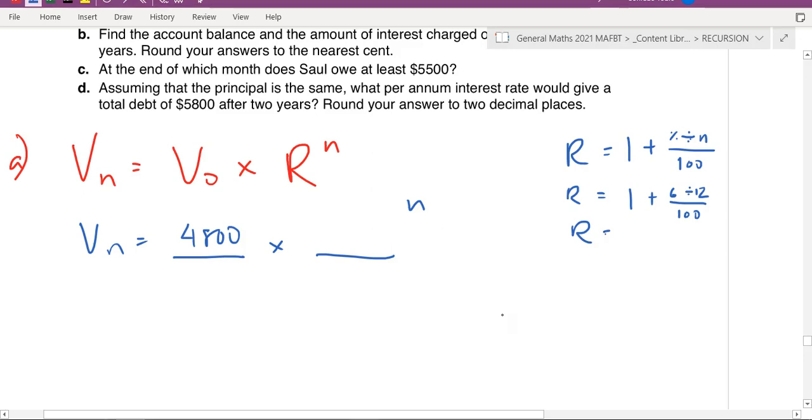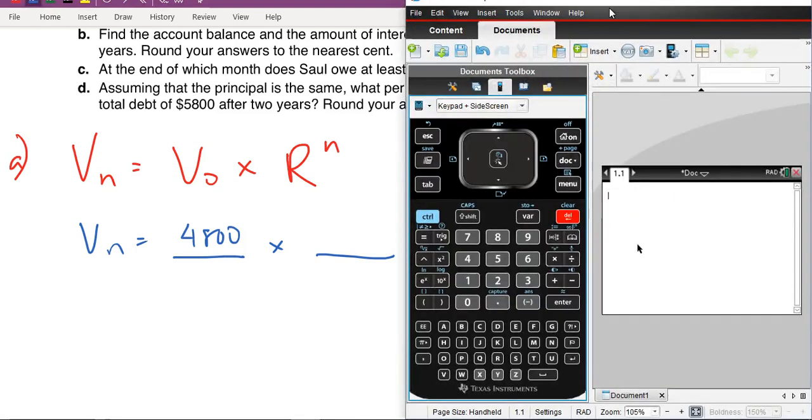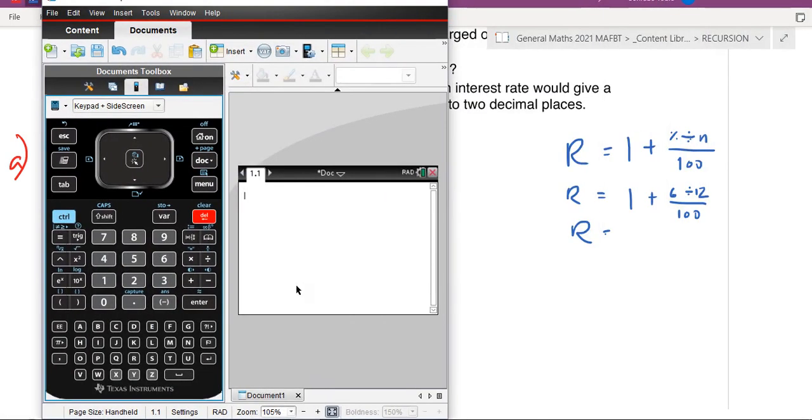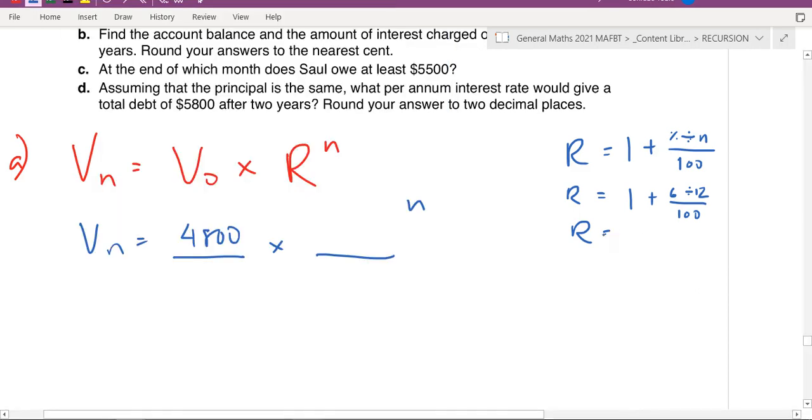On my calculator, use brackets, it's really good, and if you want, use your fraction button, that definitely makes things a lot easier. 1 plus 6 divided by 12 over 100 equals, and if you get that, press Control Enter, 1.005. So the r value is 1.005.